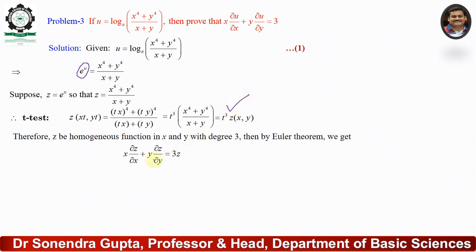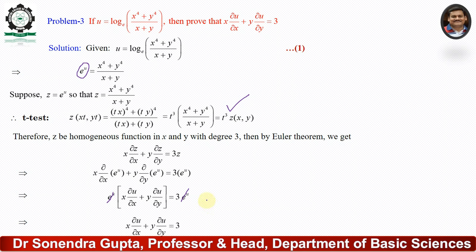Then by Euler's theorem, x del z upon del x plus y del z upon del y equals 3z, which is equal to 3 e to the power u. Similarly, e to the power u differentiated with respect to x, then we can take e to the power u common: x del u by del x plus y del u by del y equals 3. Now e to the power u is cancelled, therefore this is the required solution.